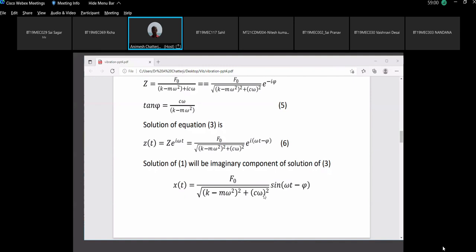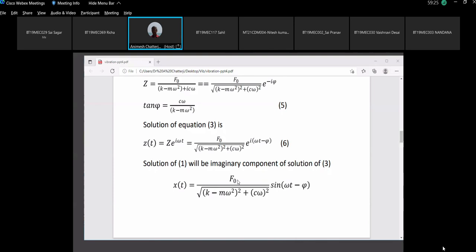Number two, look at the magnitude of the vibration. Now, as an engineer, I have no control on F0. Where is F0 coming from? Because of a machine problem. And I said it is coming from unbalance. Now, I don't know how to do the balancing.